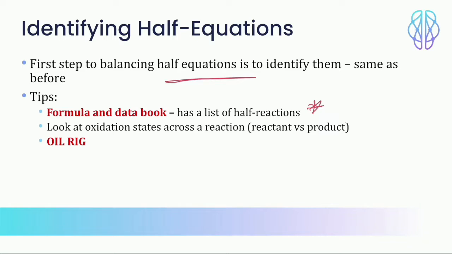So keep an eye out in your formula book for those half reactions. And again, look at that oxidization state across a reaction. So compare what it was when the element was a reactant to what it is now as a product. And always use OIL RIG as a mnemonic. It's a great way to just save yourself the hassle in noticing what is oxidized versus what is reduced.